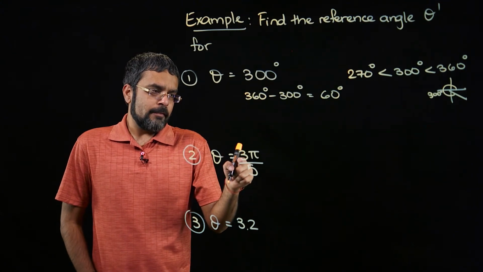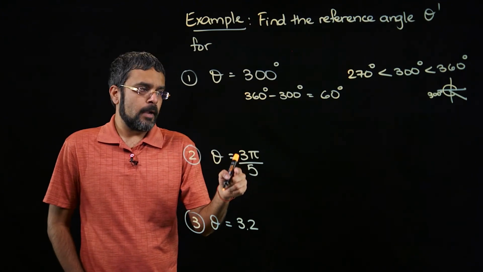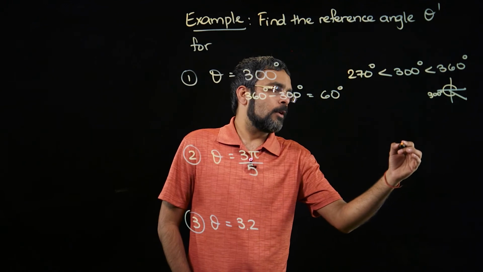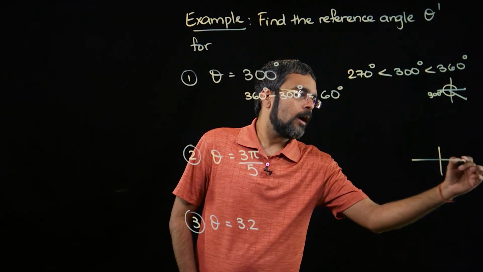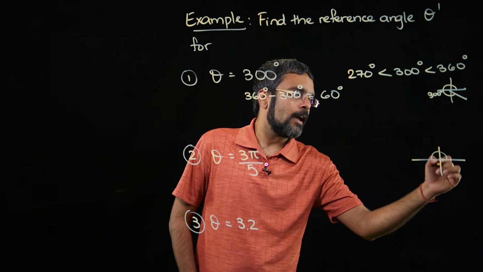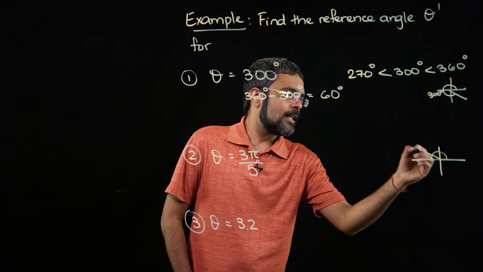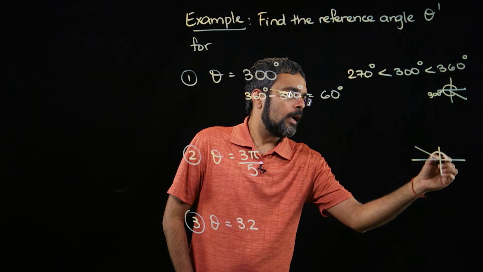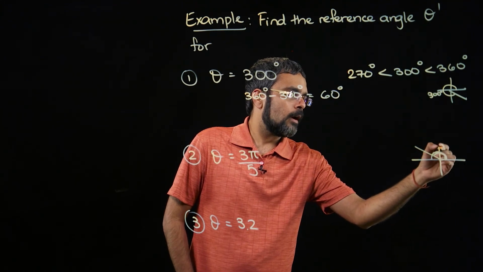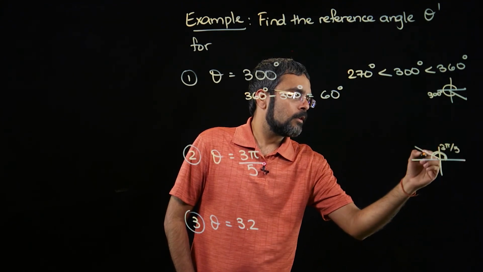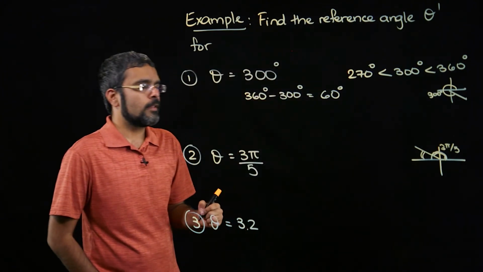Let's look at 3 pi over 5. Now 3 pi over 5 is slightly less than pi. If you think about your angle, pi is this angle here. This is the value of pi. And so 3 pi over 5 is slightly less than that, so say somewhere around here, and this angle here is 3 pi over 5. So I need to figure out what my reference angle is.